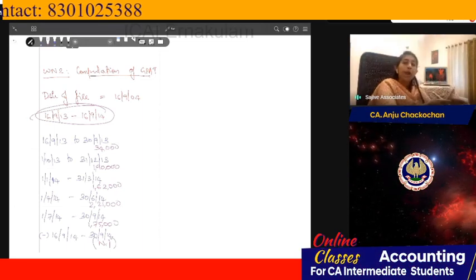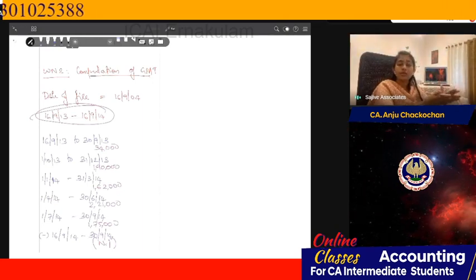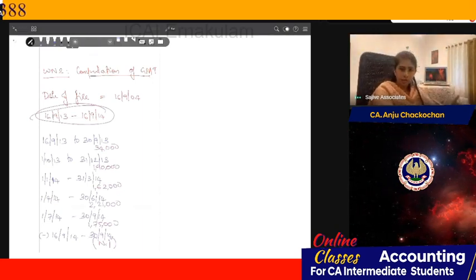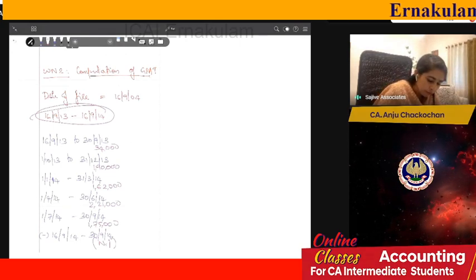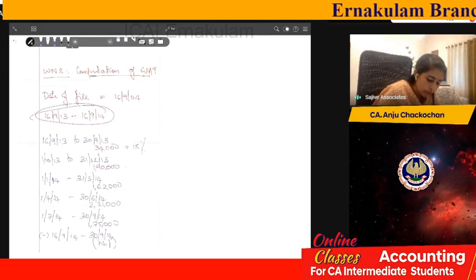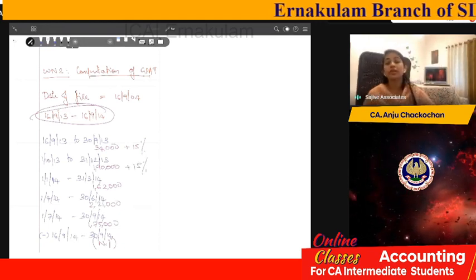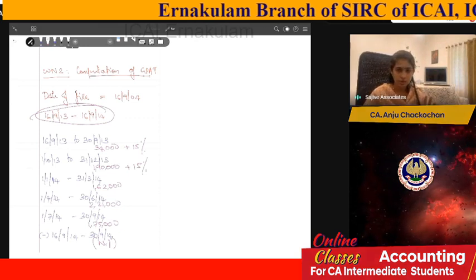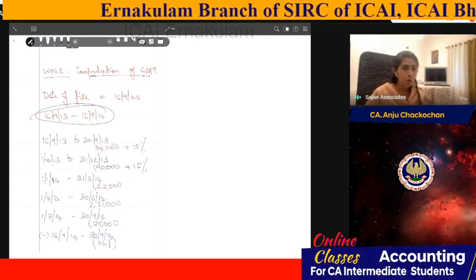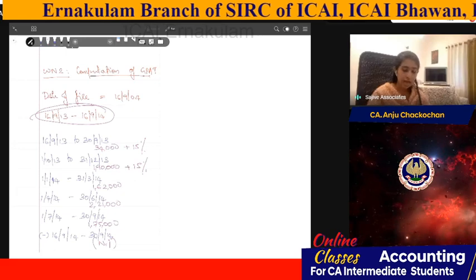We only have to apply the 15% increase in trend for 2013, so you will be applying plus 15% only for the first two. For the rest, you will not be applying the 15% trend.